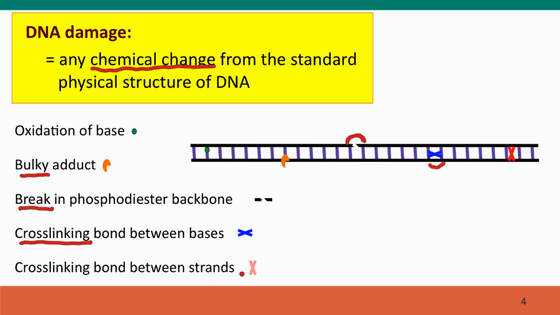The other kind is cross-linking between strands. Here, a chemical change has occurred that actually ties the two strands together, so the strands can't even come apart to be replicated. All of these kinds of damage can cause mutations, either directly or as a consequence of the cell's efforts to repair them. It's important for the cell to repair them because many of these forms of damage prevent DNA replication, and so they'd otherwise kill the cell.